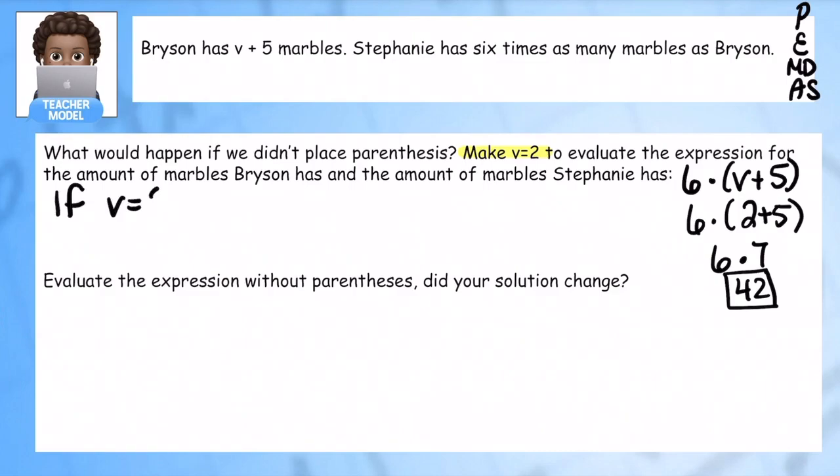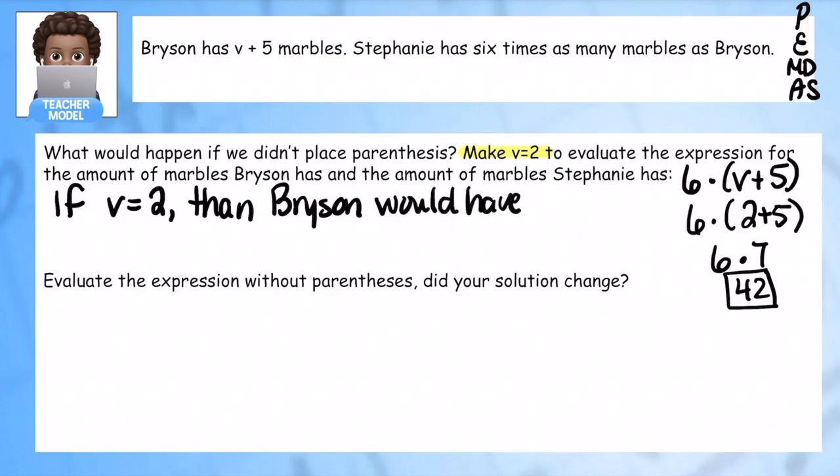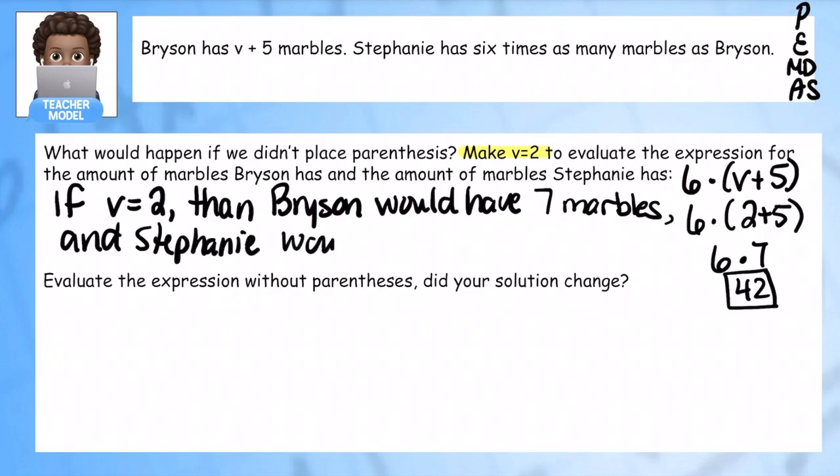If V is equal to 2, then Bryson would have 7 marbles, and Stephanie would have 42 marbles.